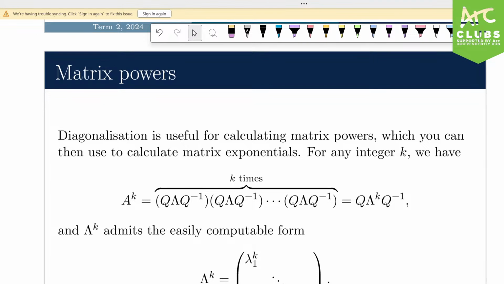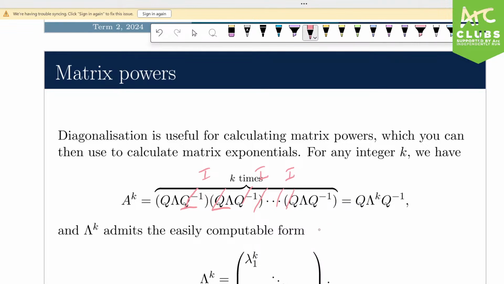If we do A to the K, it's just going to be Q lambda Q inverse, Q lambda Q inverse, dot, dot, dot, Q lambda Q inverse, K times. And the really nice thing is you have a Q inverse here and a Q here. Bang. They cancel, they give you the identity matrix, which we can just omit because the identity matrix is analogous to multiplying by 1. Then we have a Q and a Q inverse here, identity, Q inverse, Q here, identity.